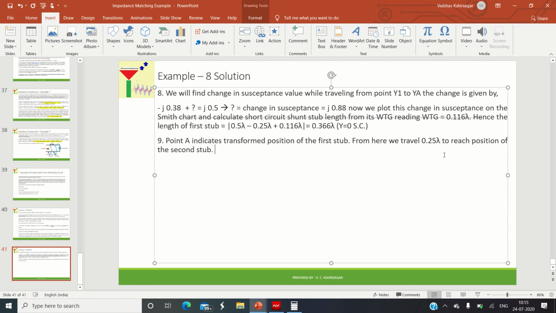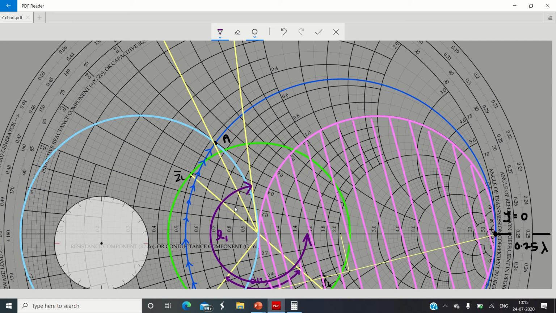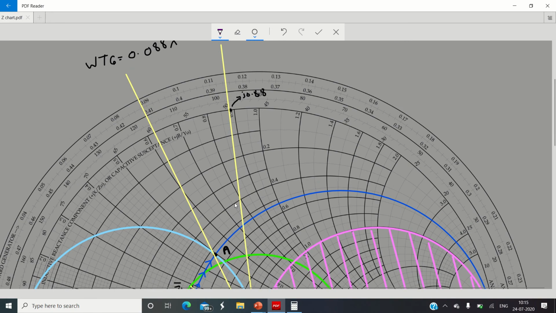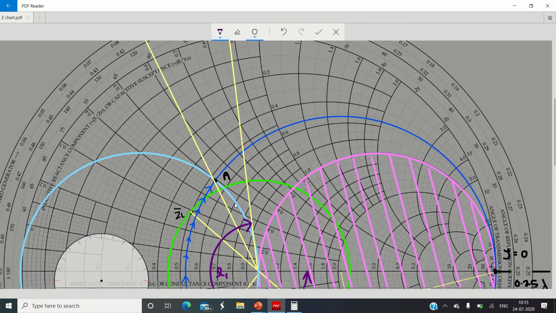What is the WTG at point A? We already marked the WTG at point A as 0.088. So you add 0.25 lambda to that and travel on its VSWR circle.